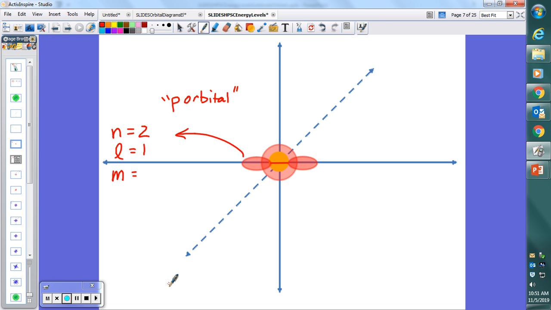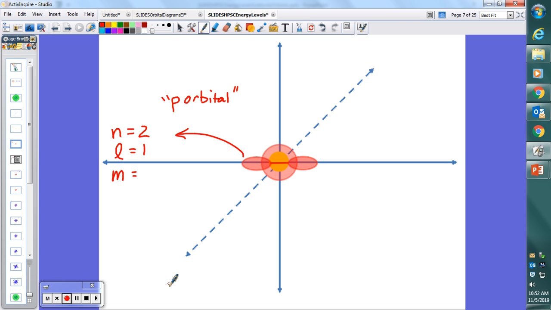So if we go from negative L to positive L, our options are negative 1, positive 1, but what do you have to go through to get from negative 1 to positive 1? 0. So m for p orbitals can be negative 1, positive 1, or 0. How many total p orbitals can we have in each color? 3. X, Y, and Z.